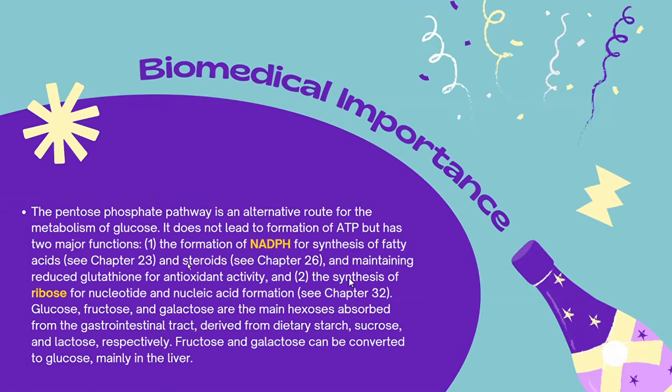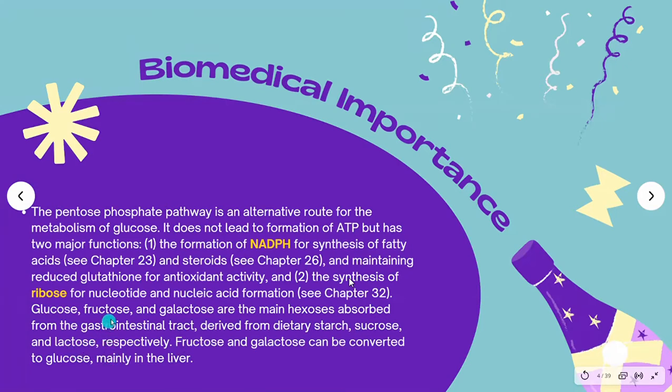All right. And the other product is ribose. Okay, so you can see it here. Ribose for nucleotide and nucleic acid formation. Glucose, fructose, galactose are the main hexoses absorbed from the gastrointestinal tract, derived from dietary starch, sucrose, and lactose.